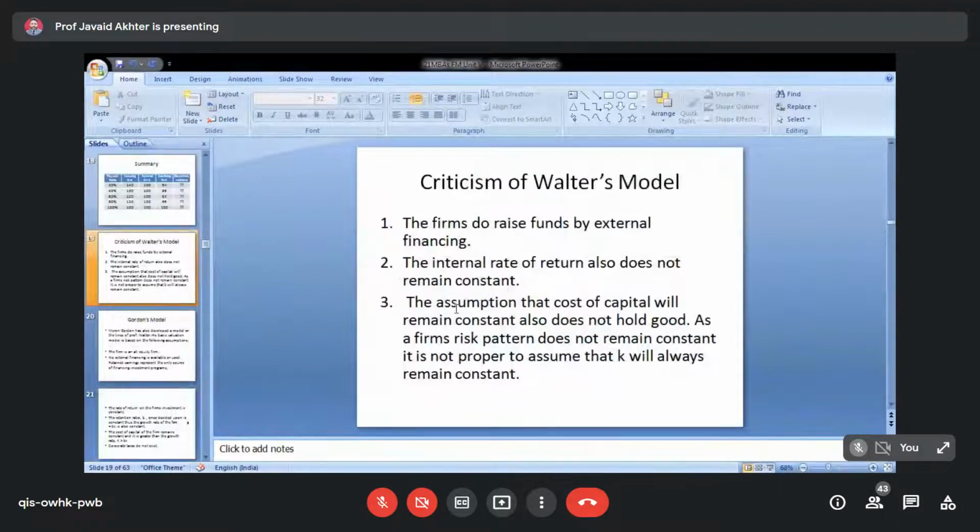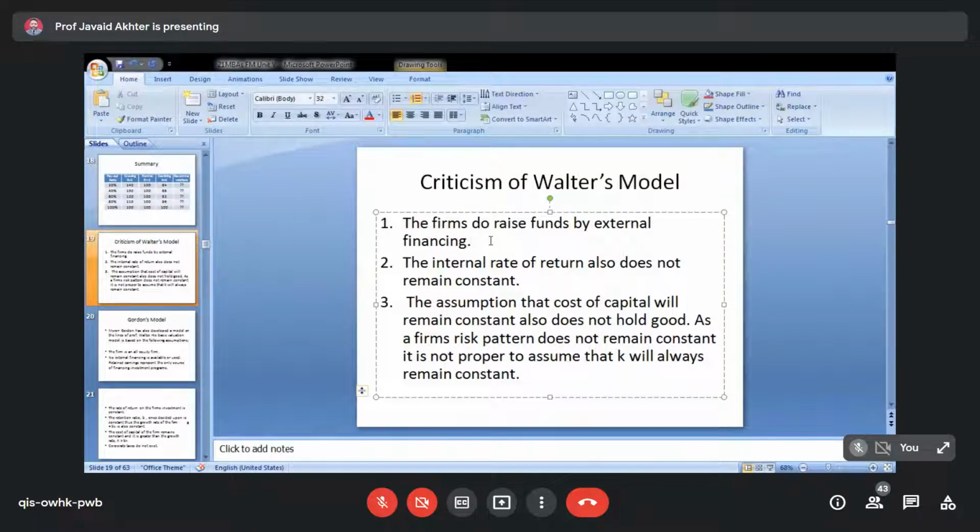Now we come to the criticism, or the critical analysis, of this model. Criticism basically stems from the assumptions. We assumed that the firm finances only through retained earnings, but in practice, a project is not financed entirely from retained earnings. At times it is possible.